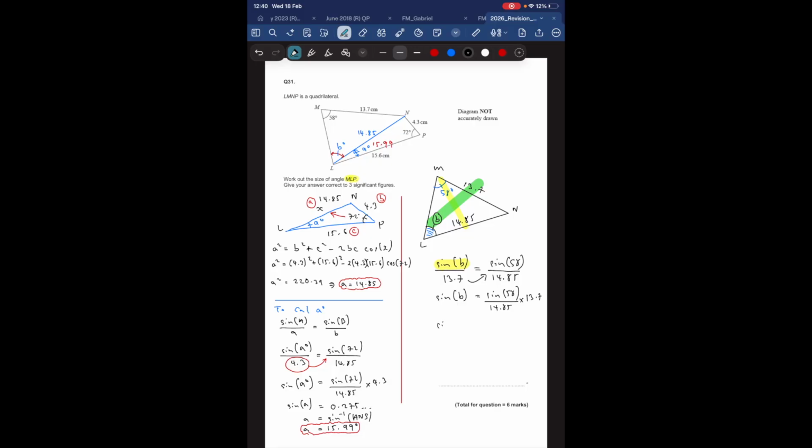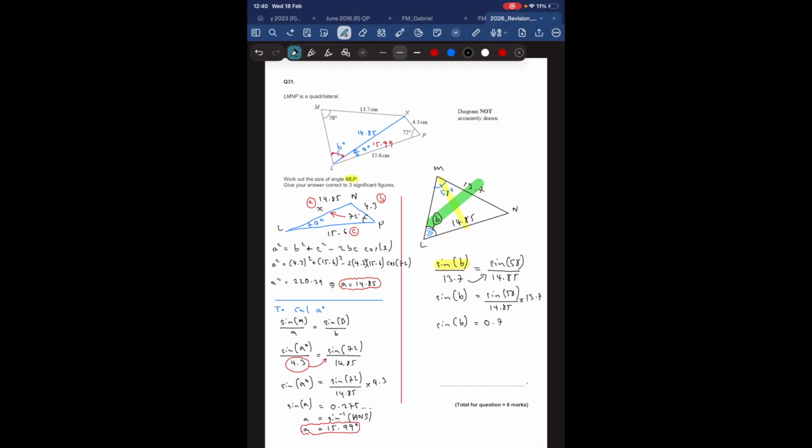If we work that out, we type that into our calculator: sine 58 divided by 14.85 times 13.7.